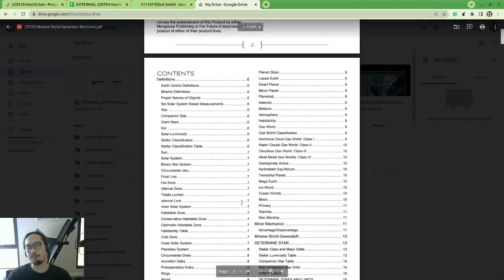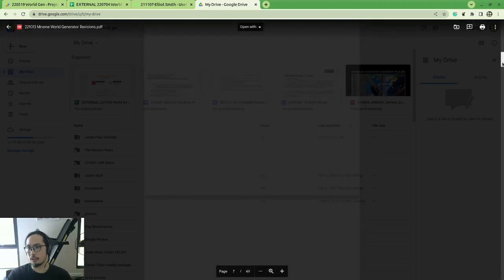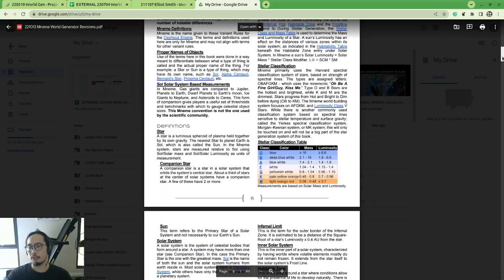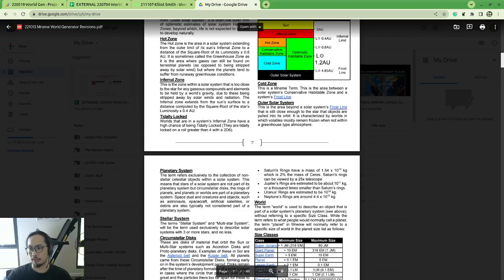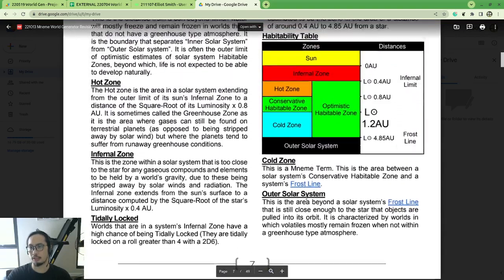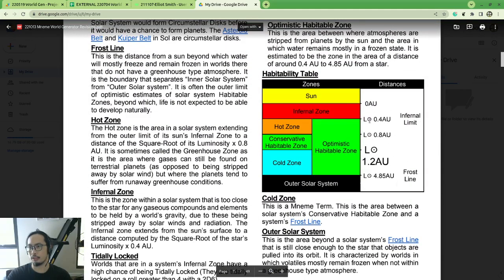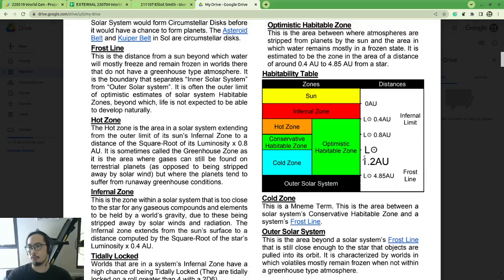Okay, so zones are based on the star's luminance. Most of this is based on Earth's own range bands, or Sol's own range bands.